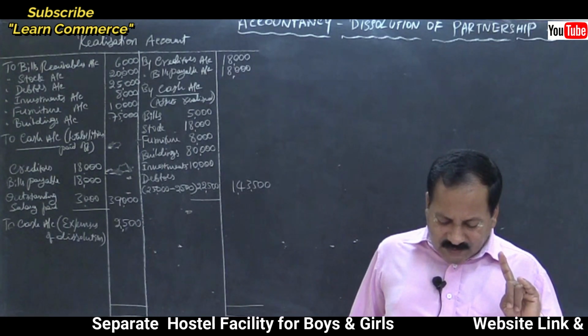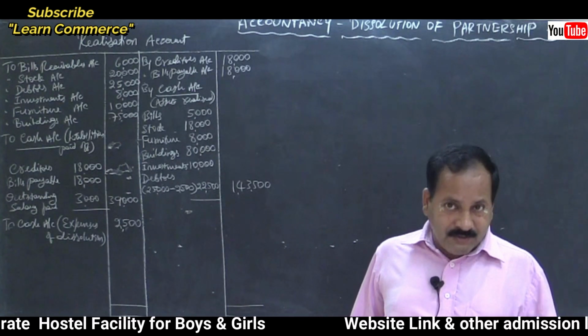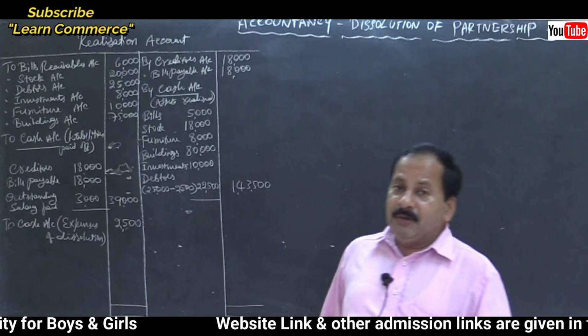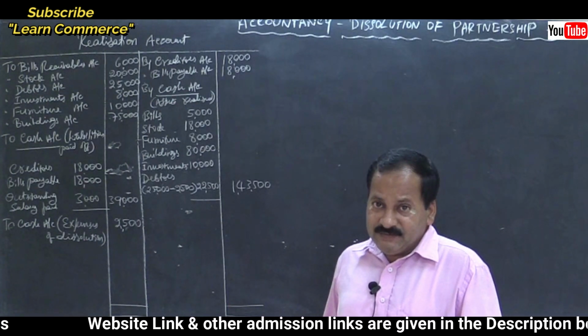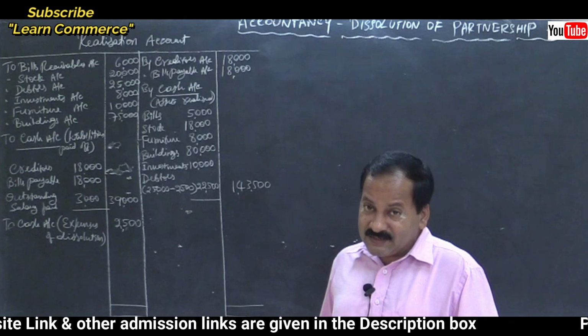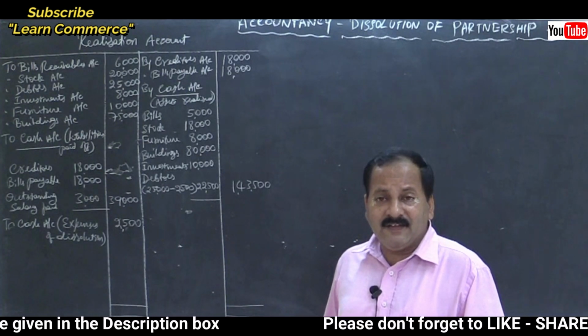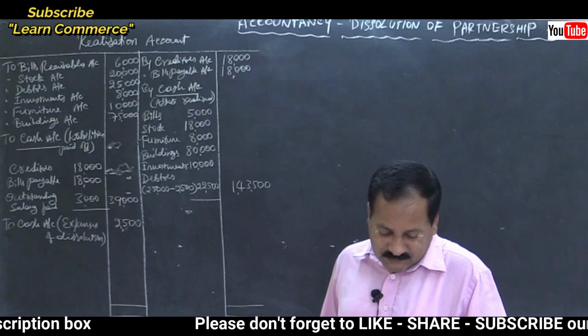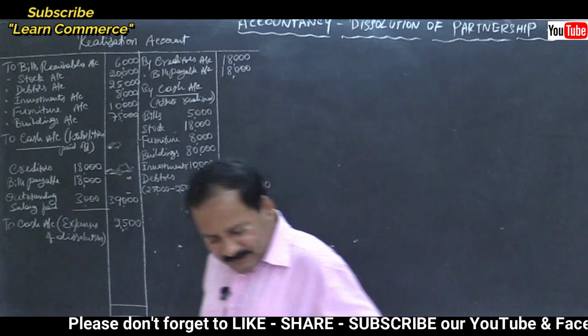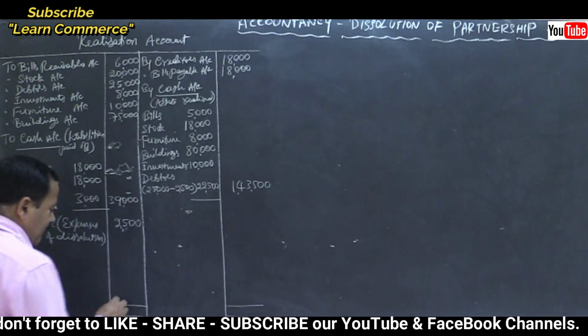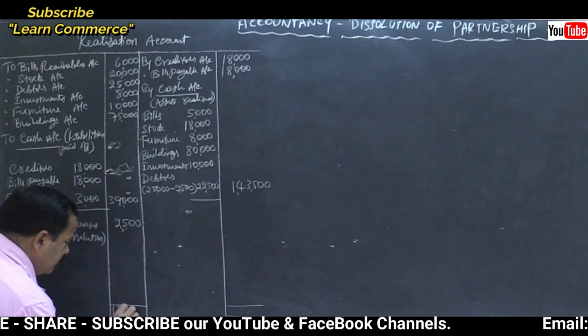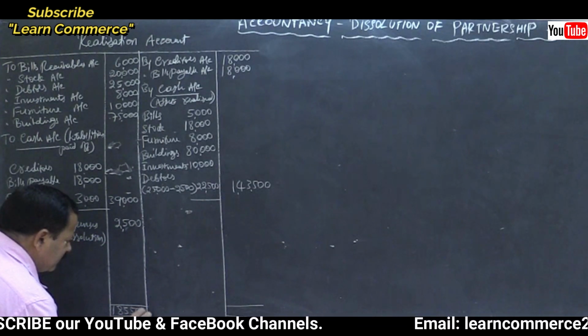Credit side is short and debit side total is greater than the credit side. So there is a loss. Credit side is lesser than the debit side, means it is a loss. So 185,500 is the total of debit side.